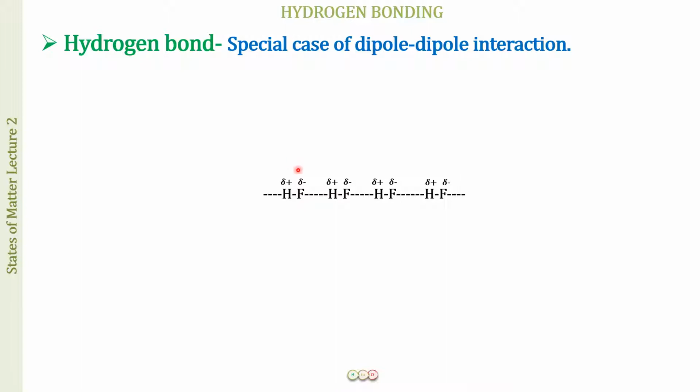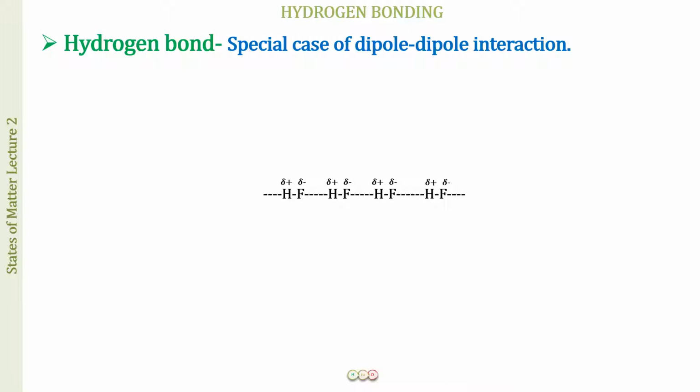So the partial negative charge on fluorine is going to be maximum. The partial positive charge on hydrogen is also going to be the maximum. So as a result, when the next molecule's partial positive charge is attracted towards the partial negative charge of fluorine, this attractive force is going to be really very strong. And this is so strong that we call it a bond, right? So now this is what we have as the hydrogen bond.